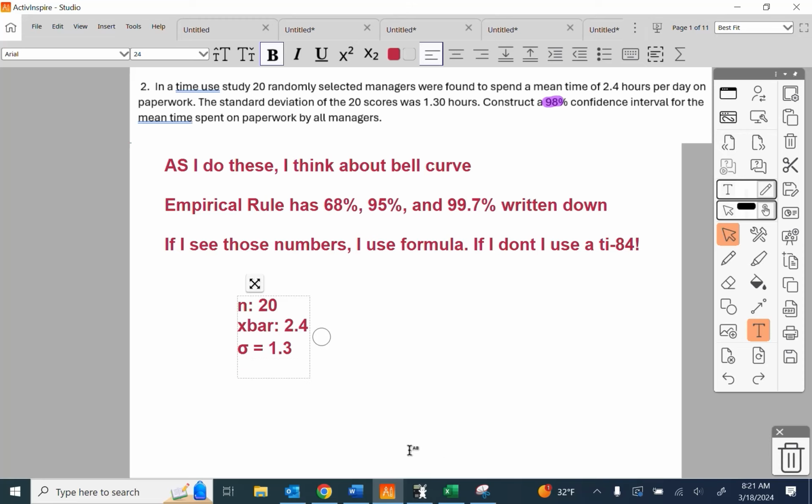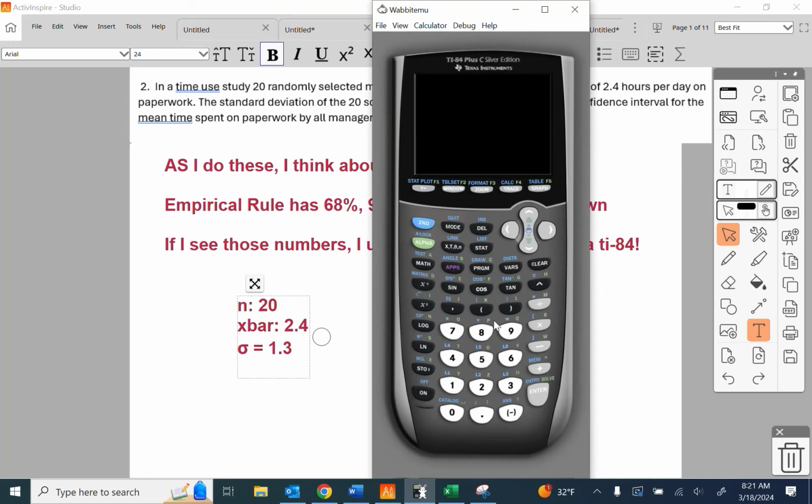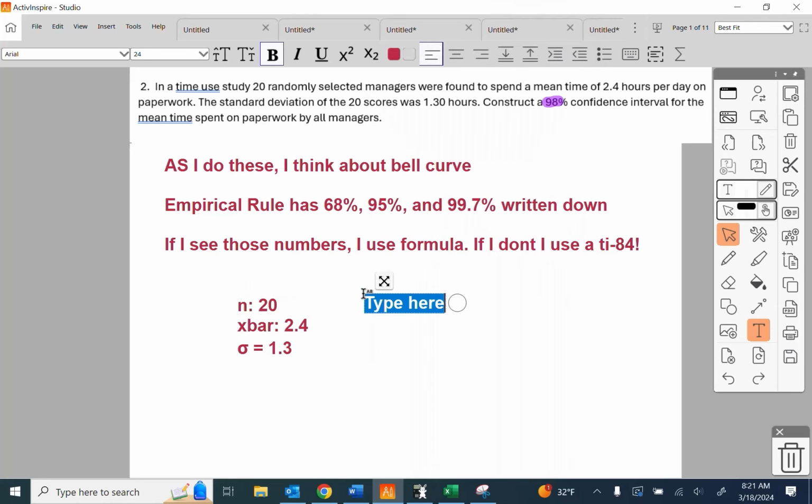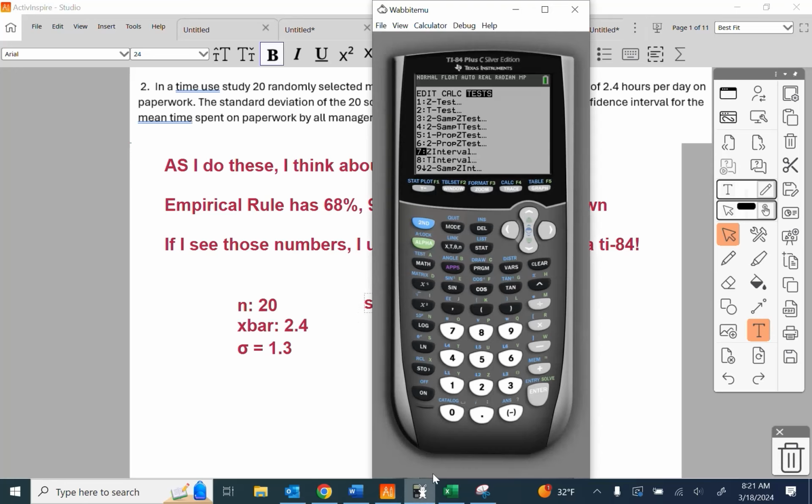Alright, so I'm going to click Stat, Tests, and I'm going to go to Z interval. I'm just going to put in the stuff that I have.